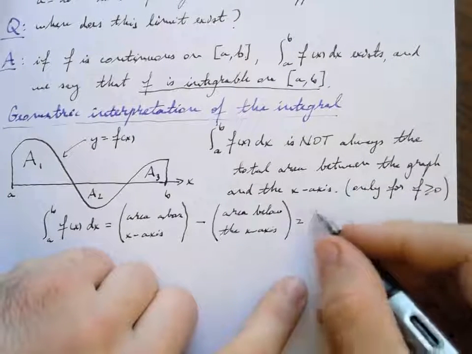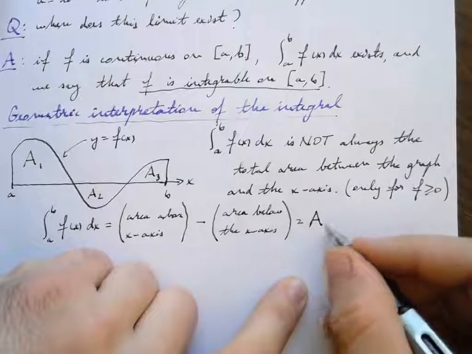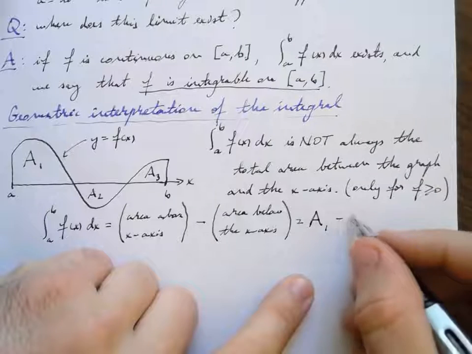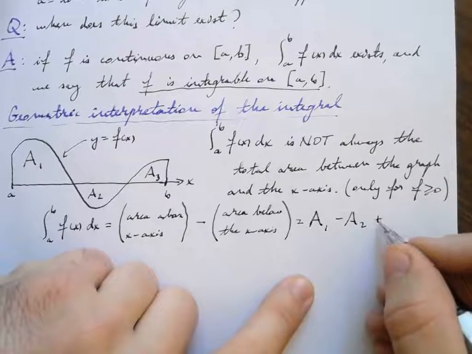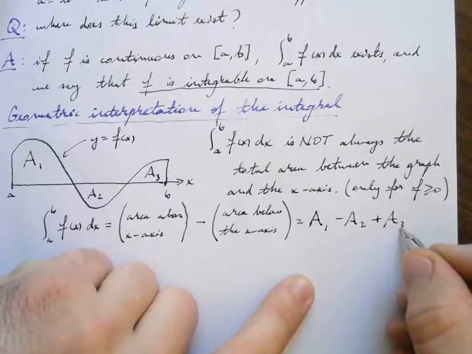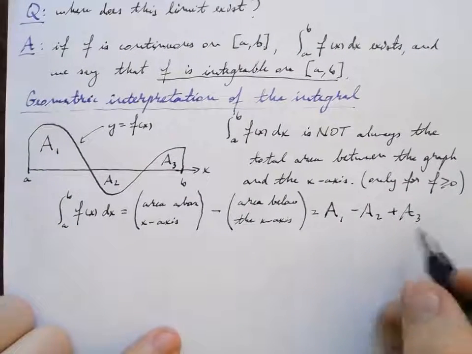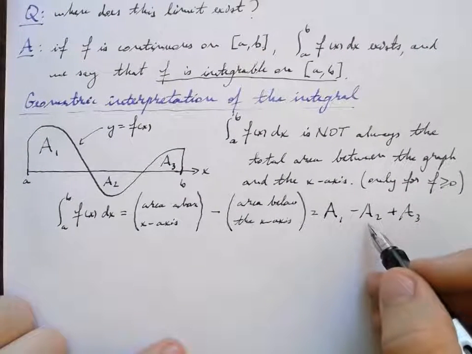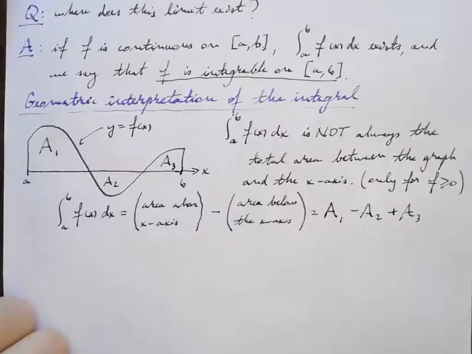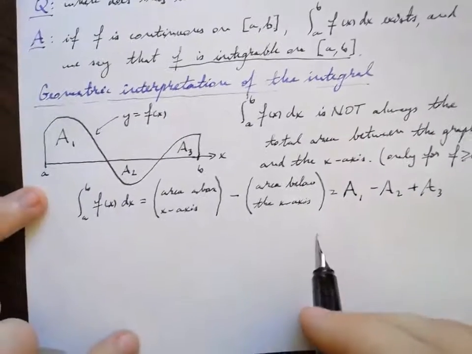So this should be equal to, at least for the picture that I drew, A1 minus A2 plus A3. So I take A2 to be with a minus sign because it lies below the x-axis.